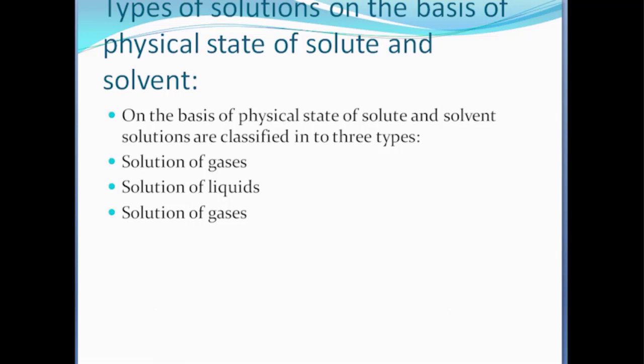Third type of the solution of liquids is liquid in solids. The solutions in which solute is present in liquid state while solvent is present in solid state are said to be liquid in solids. A very common example of such type of solution is amalgam. What is an amalgam?